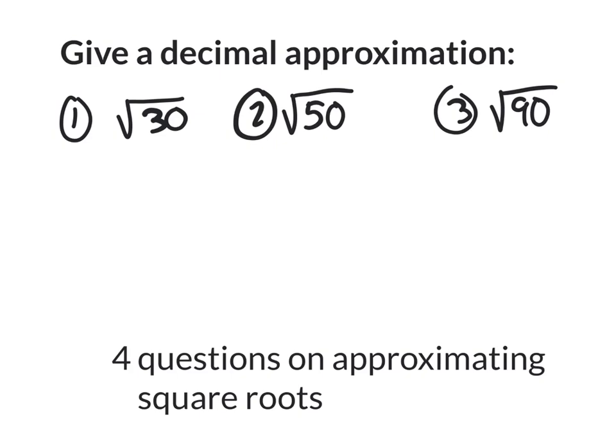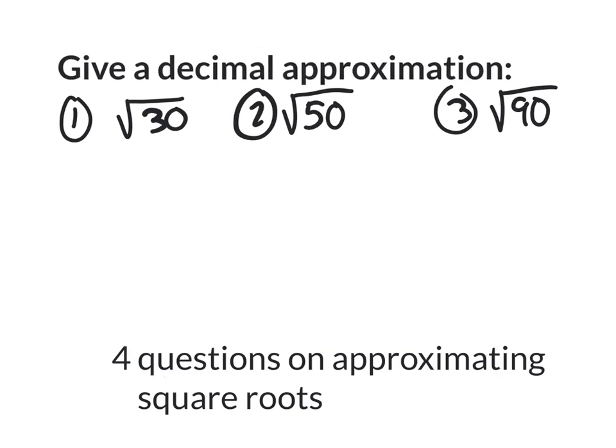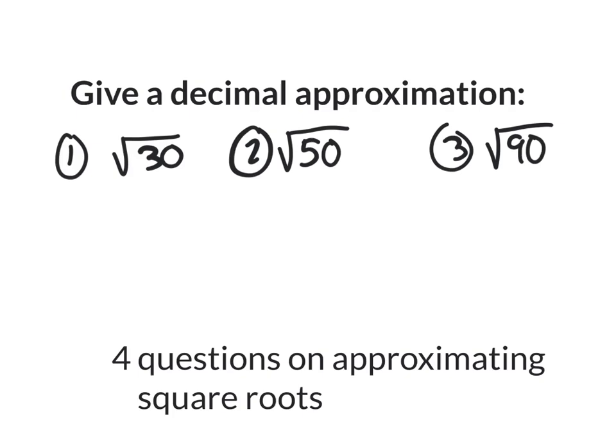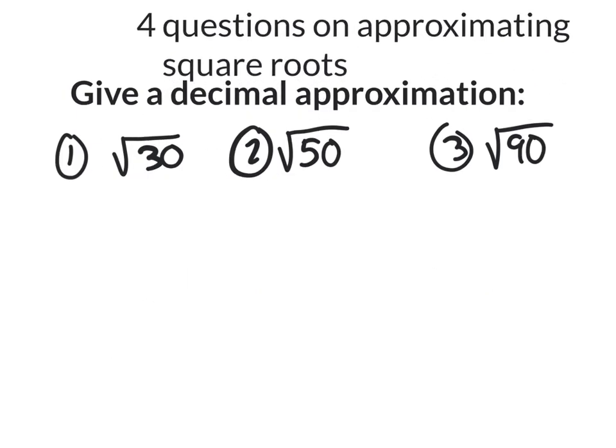So right now in your notebooks, please write down 4 questions on approximating square roots. Give a decimal approximation. Even before that, you need your perfect square number list. I will give you 1 point if you're able to do this.